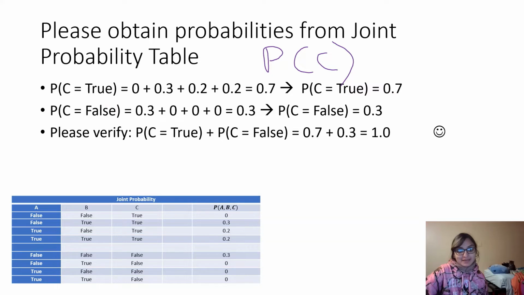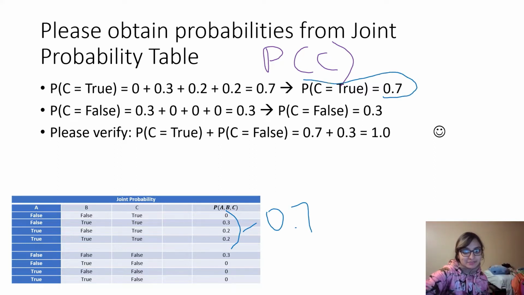So basically to verify, this is just 0.7 here. That is the probability that C is true. And the probability that C is false is just taken by outcomes when C is false. So we add the 0.3 plus 0 plus 0 plus 0, so that's 0.3 here.